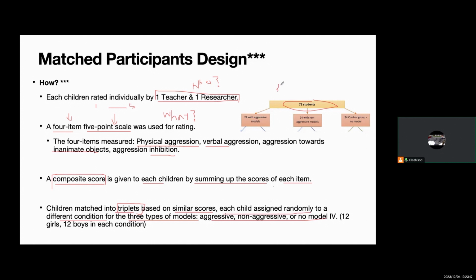But because it's 36 boys and 36 girls, we match the triplets within the boy and girl groups. So we do not mix the boy and girl groups. So 36 means 12 boys to this, 12 boys to this, and 12 boys to this, and 12 girls to this, 12 girls to this, and 12 girls to this. Okay. As the matched participants design, 5 points here.